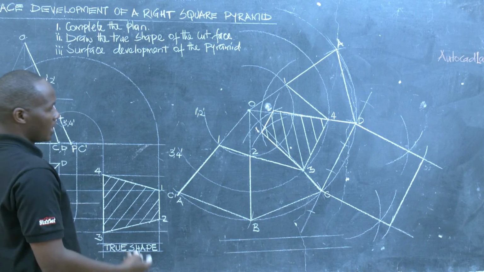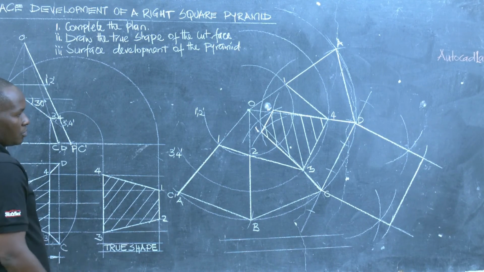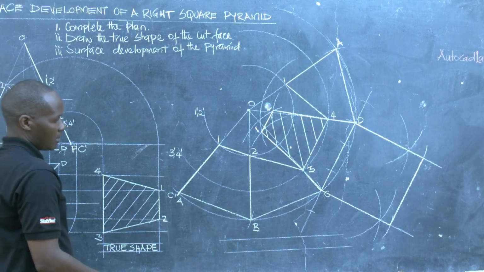And then finally we can label to indicate that this is the surface development of the truncated pyramid.